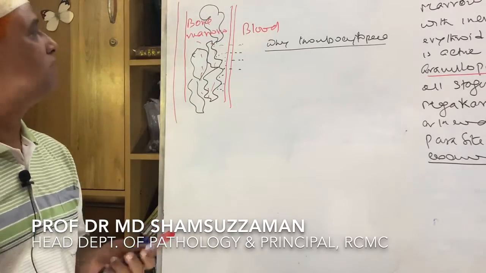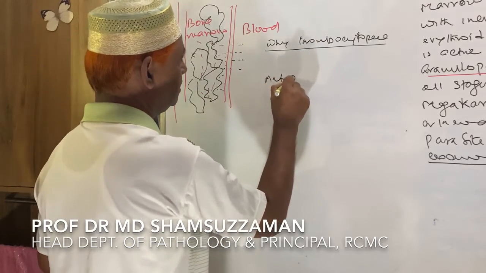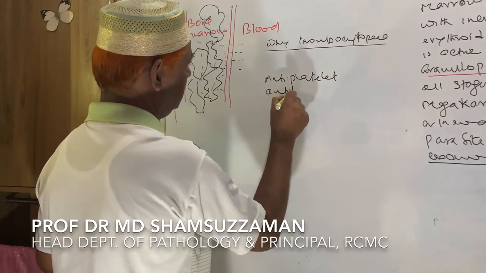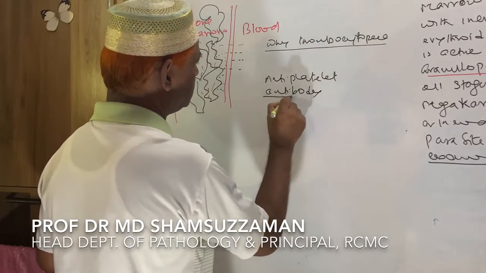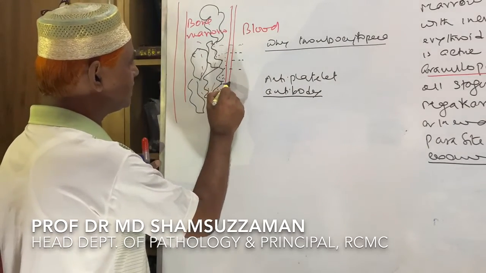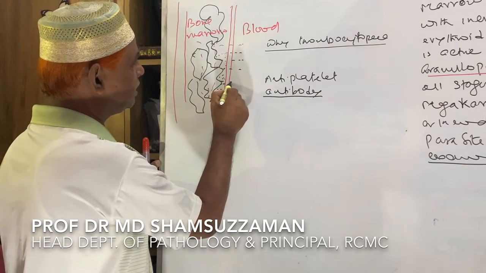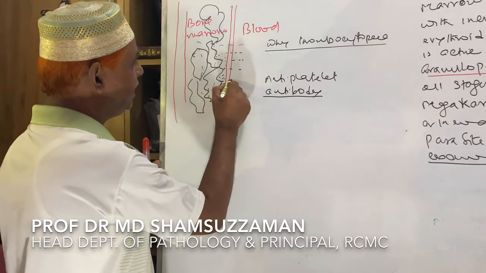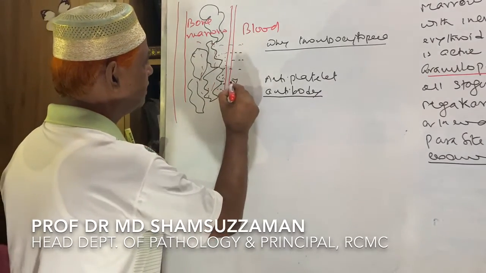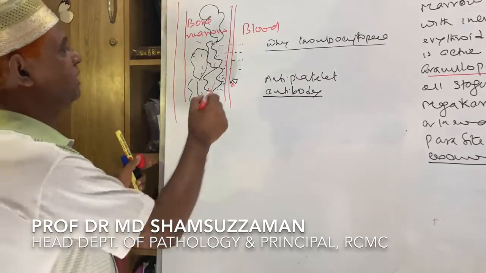The answer is that there is formation of anti-platelet antibody. As the platelet forming from the megakaryocyte comes into the blood from the bone marrow, just at this point the antibody catches the platelet, and the platelet is destroyed.